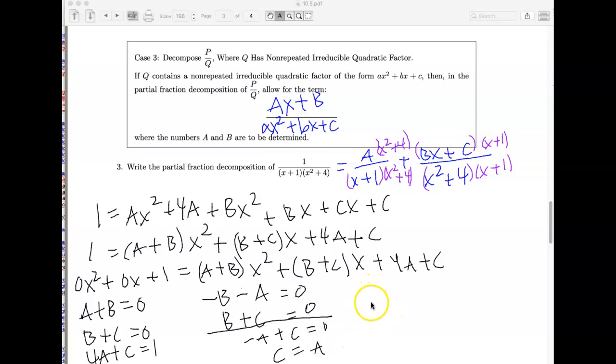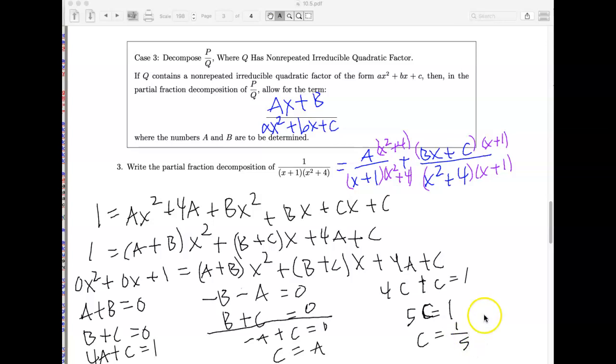And so when we go ahead and plug this in, if C is equal to A, then 4C + C is equal to 1. So 5C is equal to 1. So C equals 1/5.